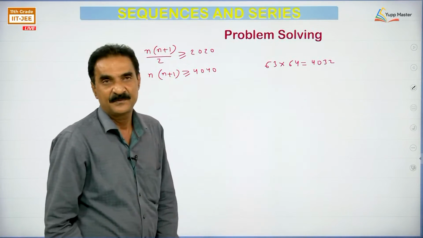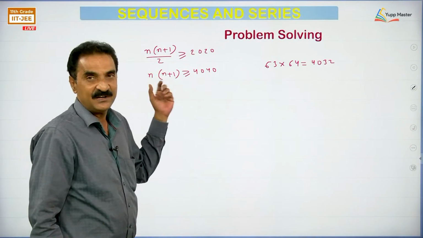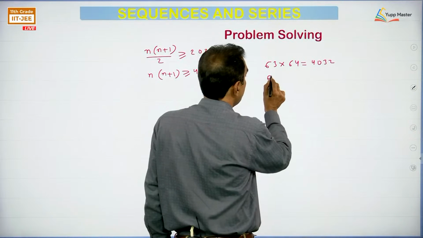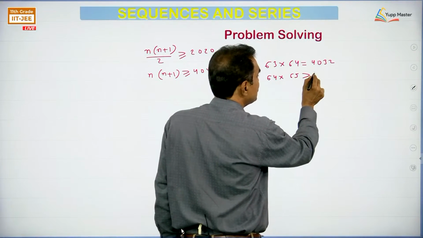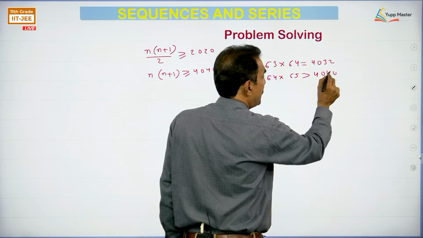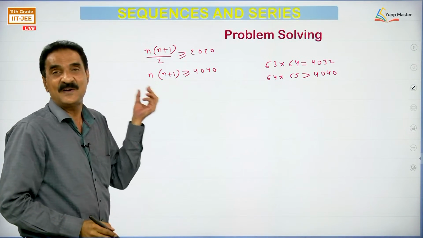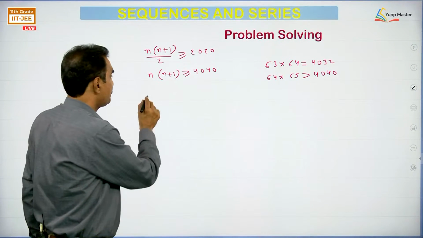Calculate and check. So, if n is equal to 63, it is not satisfied. But if n is equal to 64, 64 into 65 will definitely cross 4040. Alright. So, what is the least value of n? It is 64.